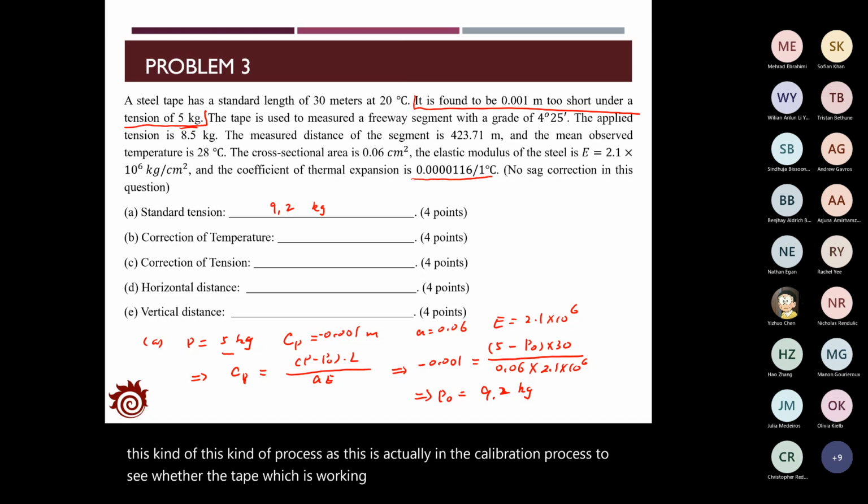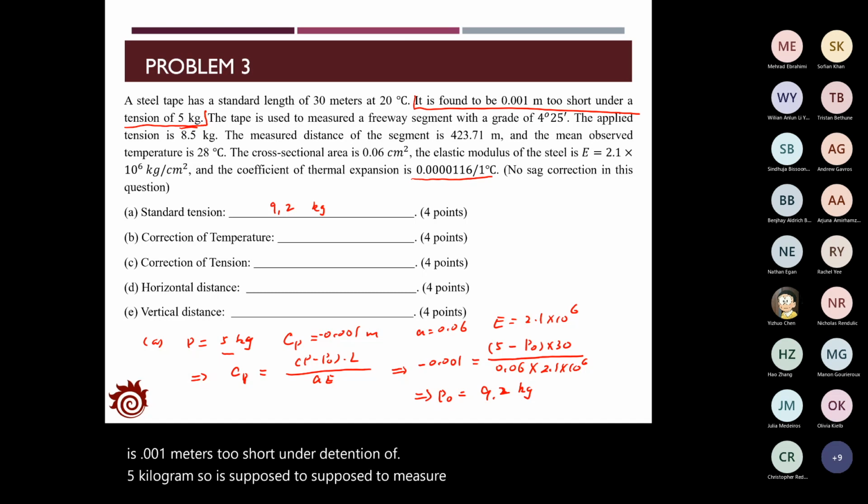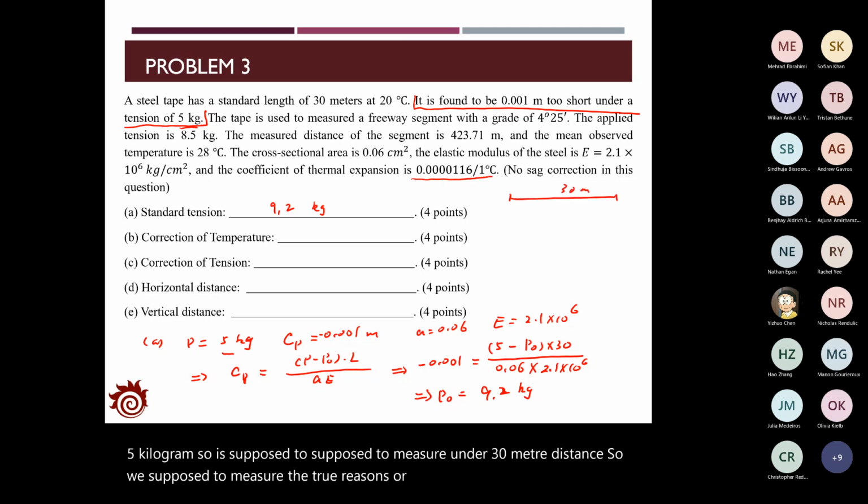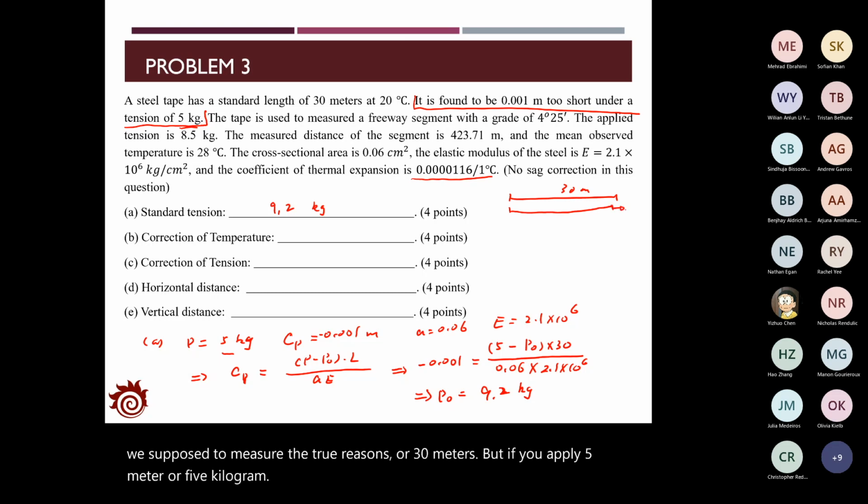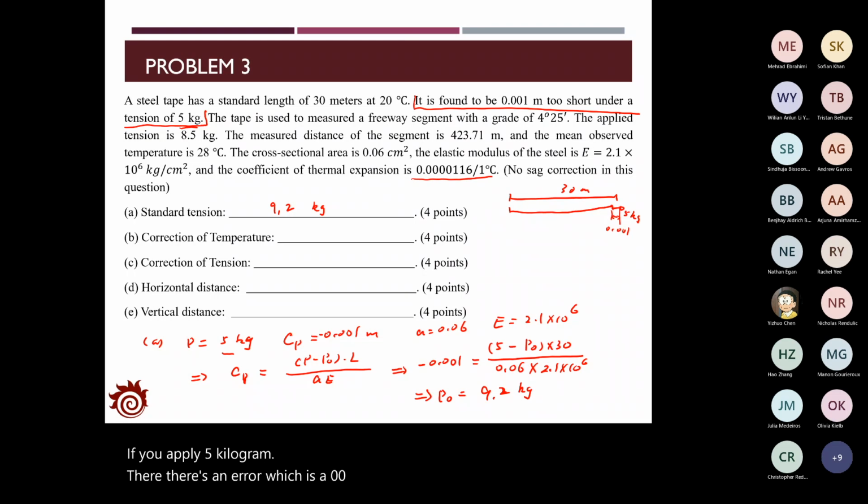So we find that the tape is 0.001 meters too short under the tension of 5 kilogram. So it's supposed to measure on the true distance of 30 meters. But if you apply 5 kilogram tension, there's an error which is 0.001 meters.